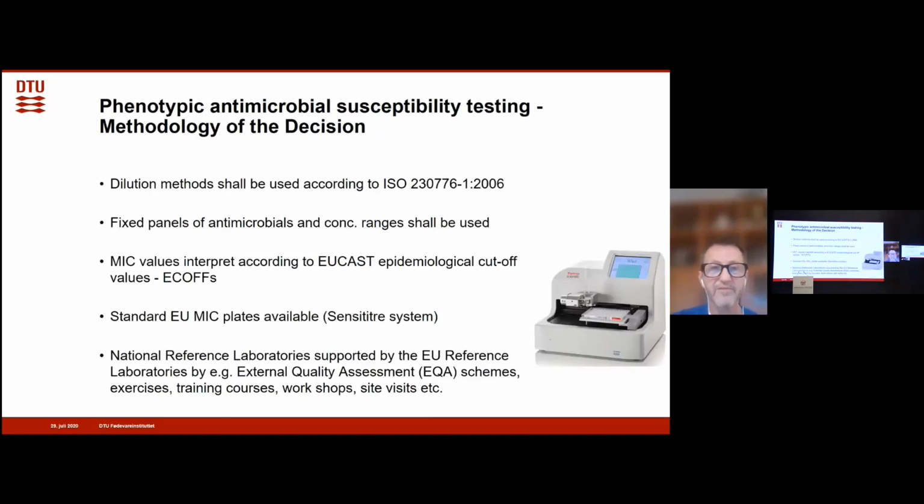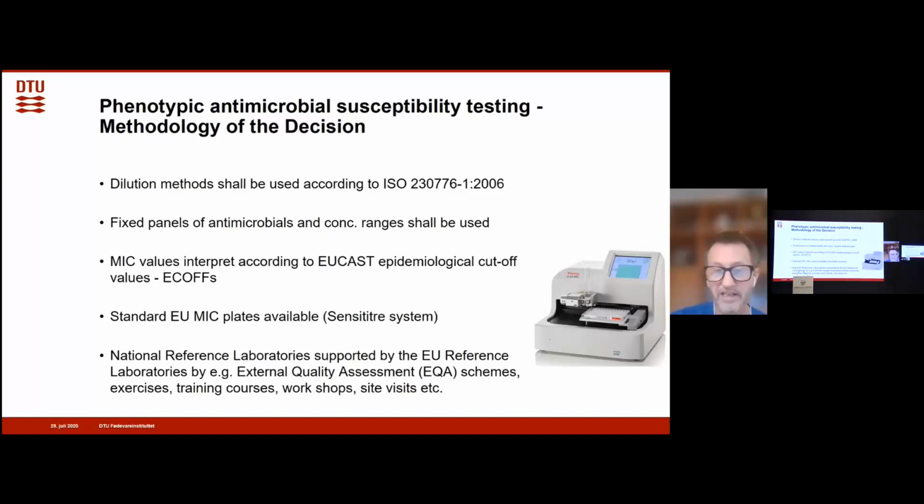So basically, the methodology of the decision is listed in the text, meaning that all member states should use dilution methods according to the ISO standard. We would also need to use fixed panels of antibiotics, and also the concentration ranges should be used. So basically everything is harmonized.